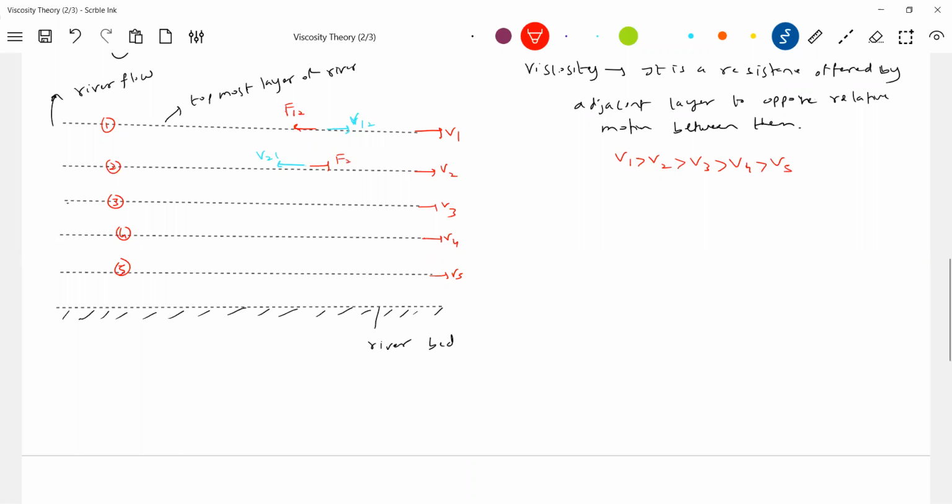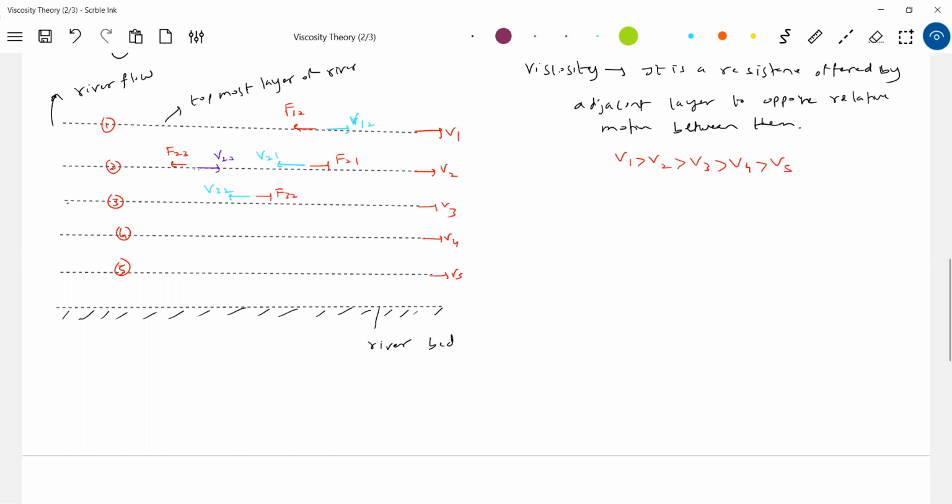Similarly, V23 will be in this direction, and the viscous drag will be F23. V32 will be in this direction. Like this we can go on. So they exert force mutually to oppose relative motion between the layers.